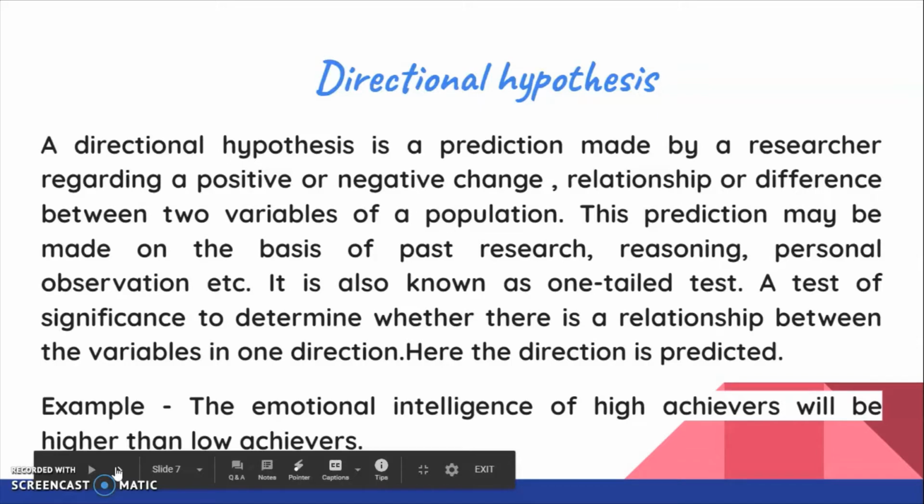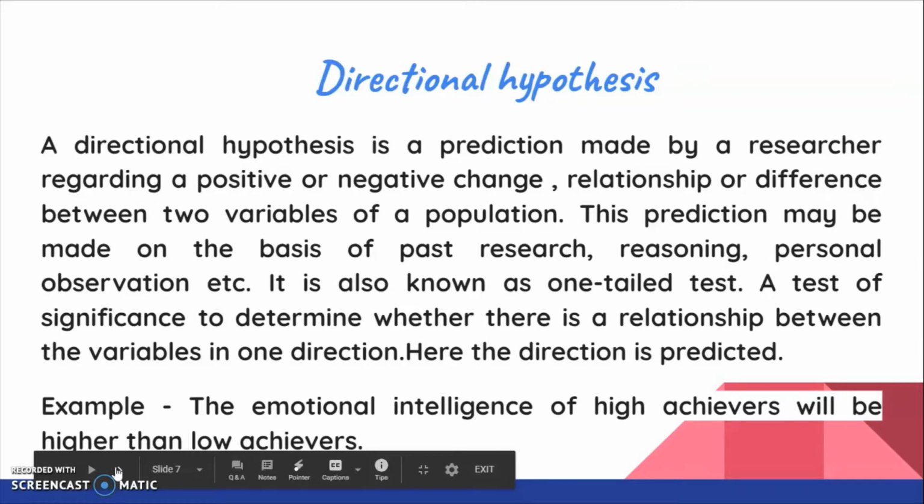Here what we are saying is, for high achievers, the emotional intelligence will also be high. There is a direction. Or we can make another statement: if the emotional intelligence is high, the academic achievement may be lower. So that also shows a direction. So that is what a directional hypothesis is.